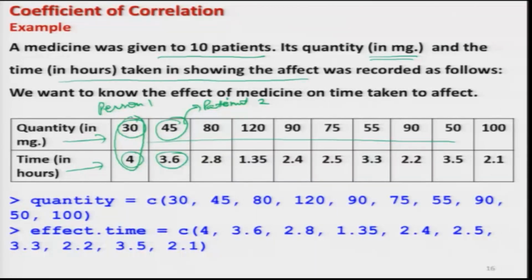So, this data on the quantity is stored here inside a variable quantity, and time is stored in effect dot time. One thing, please do not use the variable time, because time is used by the R software also. So, be careful.